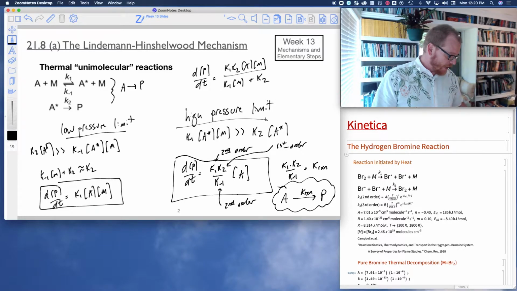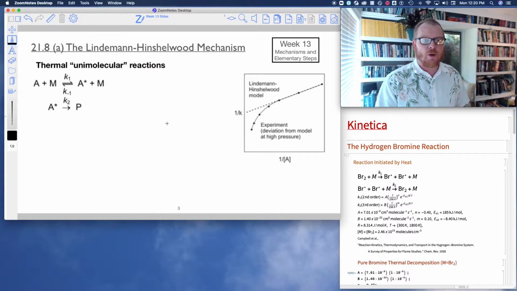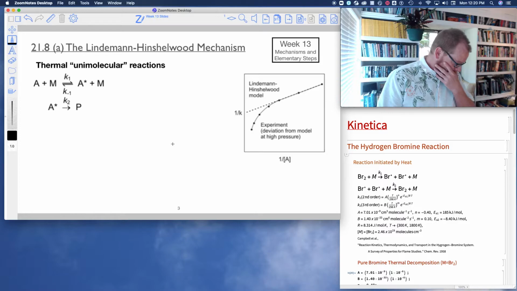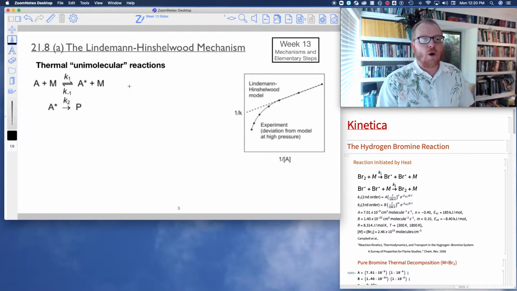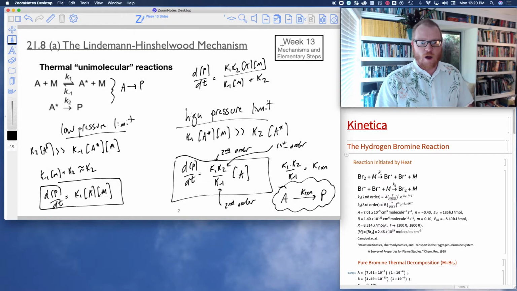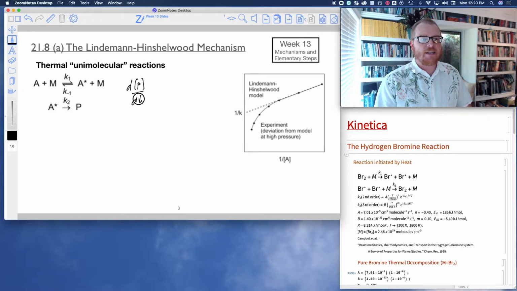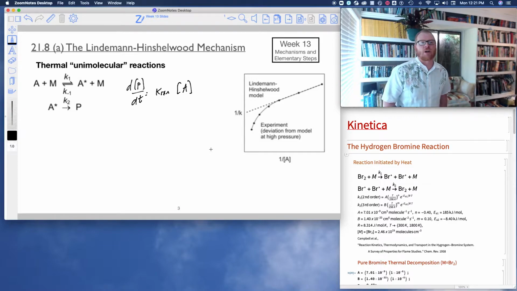Okay, and so now finally, if we keep going here, I just want to show you how we can tease out these limits. So doing some algebra and rearranging. Yes, so if we are talking about what we got from the high pressure limit right here, I'll say dP by dt equals K RXN times A, our apparent first order reaction under high pressure limit.